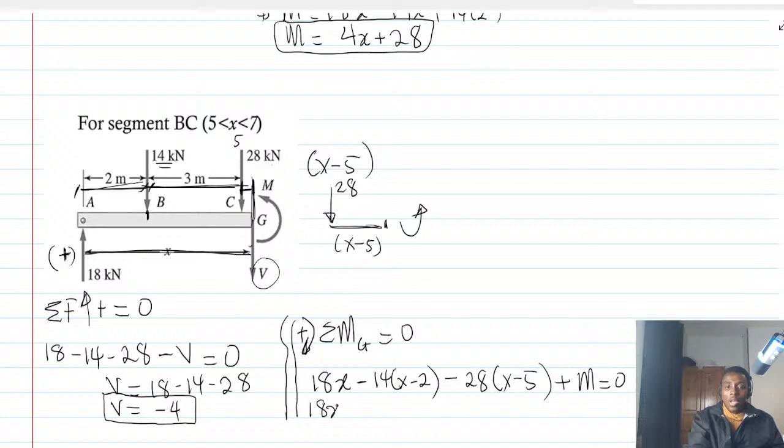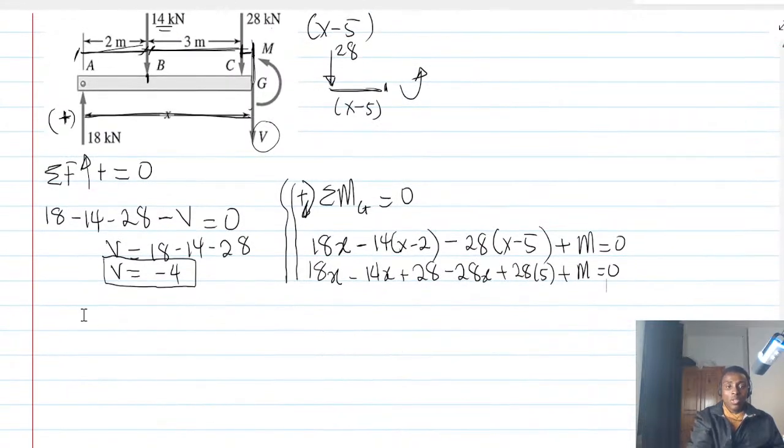All right, so 18x minus 14x plus 28 minus 28x plus 28 times 5 plus M to be 0.